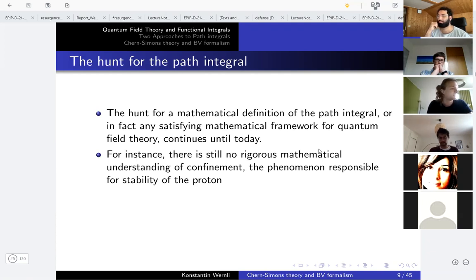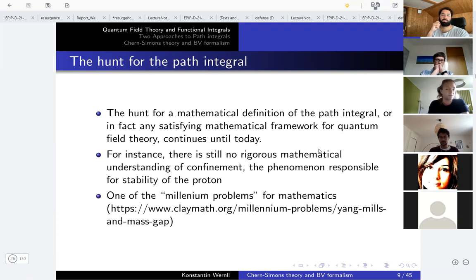So we're still not mathematically understanding this very basic fact. And of course, you all know that one of the millennium problems is actually making mathematical sense of Yang-Mills theory. One of the ways to do this would be through the path integral. Not the only way, but one of the ways would be to have a better understanding of the path integral.